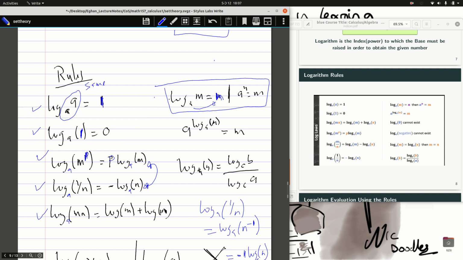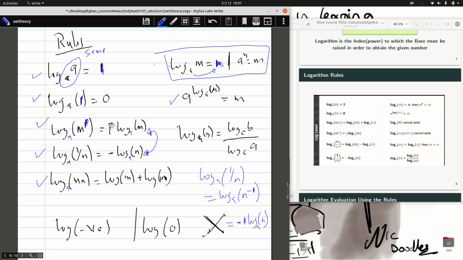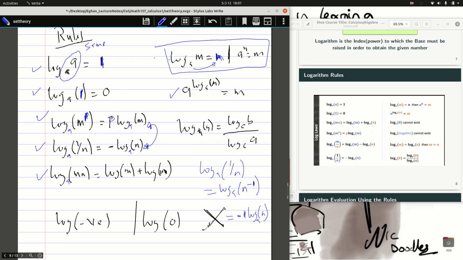And let's look at this next one. If I have a base and a log raised to a log, it is simply the m. These are common rules we can play along with. Now the interesting part is the last rule. We call this the change of base rule.